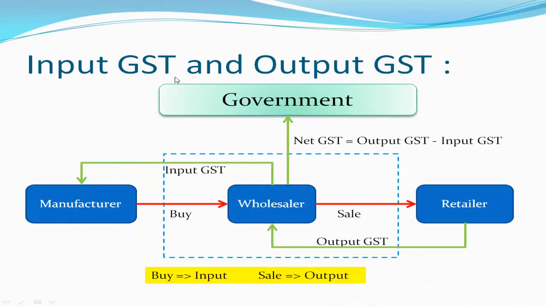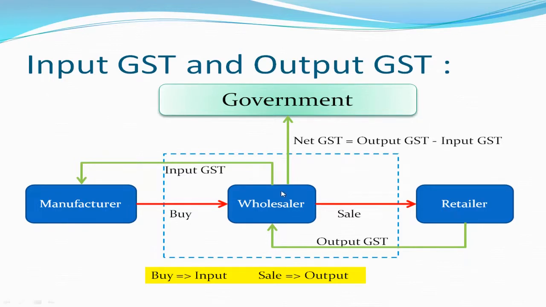So what is input GST and output GST? So the scenario which we discussed in the last slide, we will take just part of it. Manufacturer sells product to wholesaler, wholesaler sells product to retailer, right?